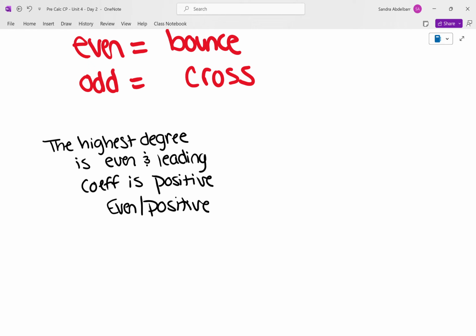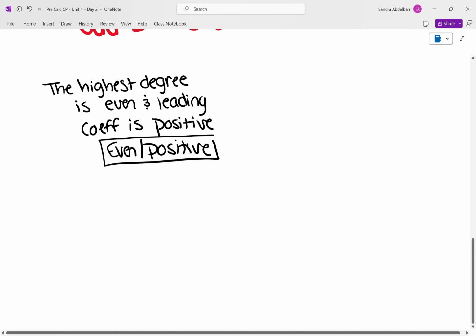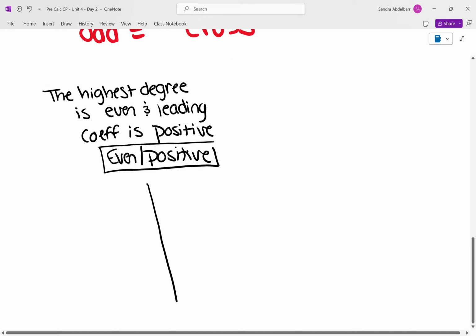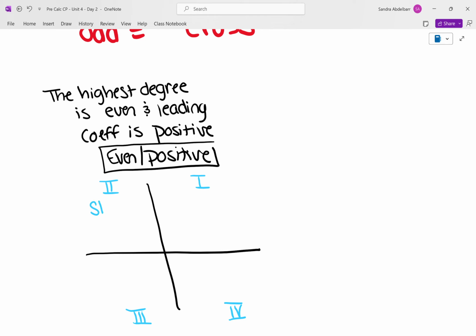That's like the shortcut I write for that, even slash positive. What does that look like? So for even positive, do you guys remember quadrants? This is quadrant 1, quadrant 2, quadrant 3, quadrant 4. So when we're even and positive, you're going to start in quadrant 2 and you're going to end in quadrant 1.